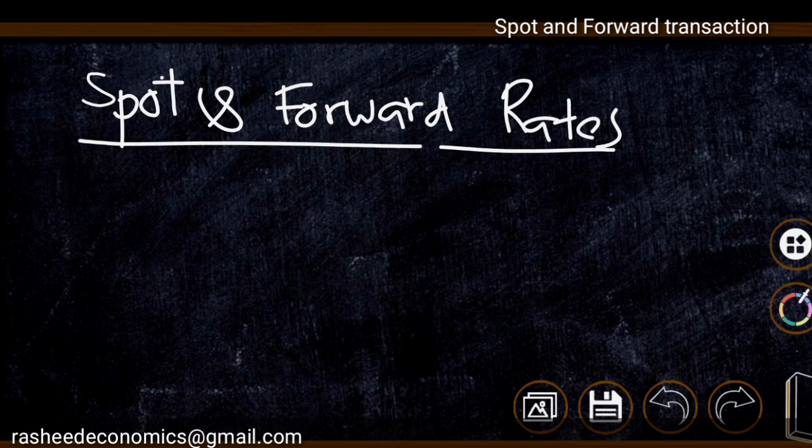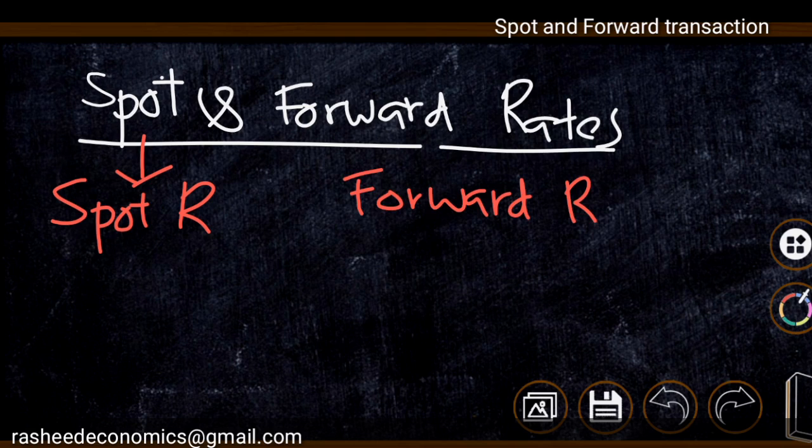At present we have a spot rate. For example, we can consider it as RS, and the spot rate is determined through the current demand and supply of foreign exchange, and we can have a forward rate. This forward rate is determined now with regard to a future transaction.